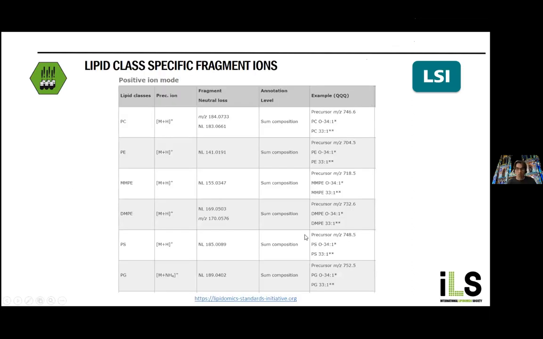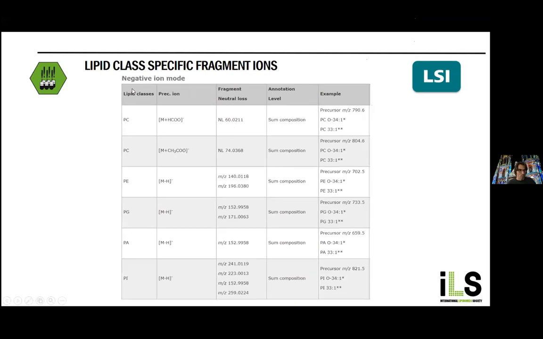I want to mention that the Lipidomics Standard Initiative page has some collections of these lipid class-specific fragment ions. We discussed already for the PC, for instance, this 184, and also for other lipid classes, positive ion mode, negative ion mode. We have a collection here.